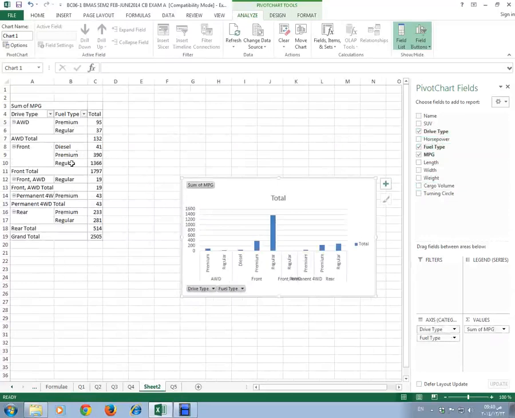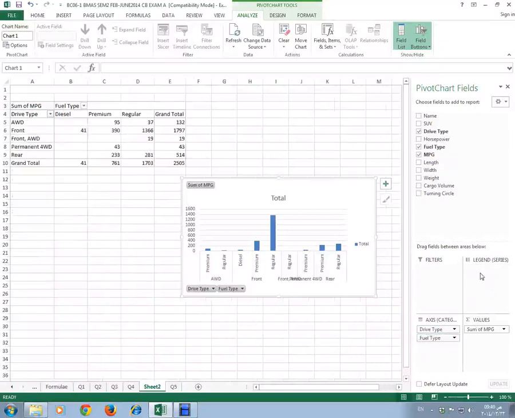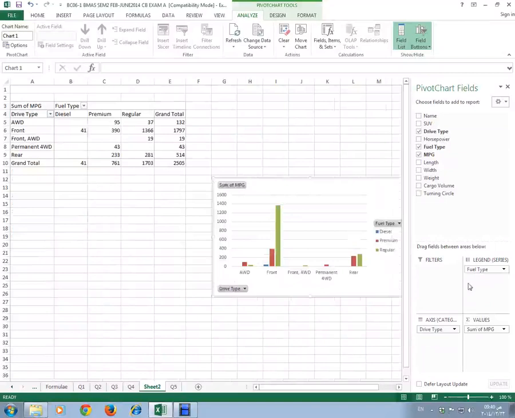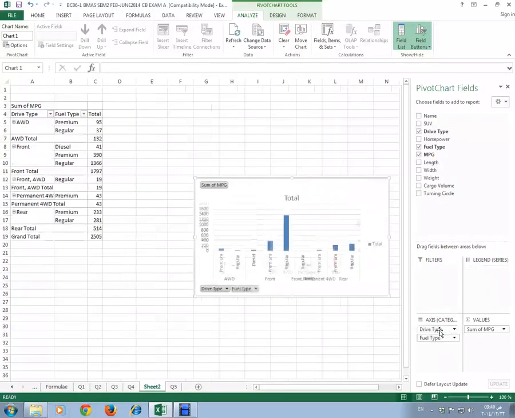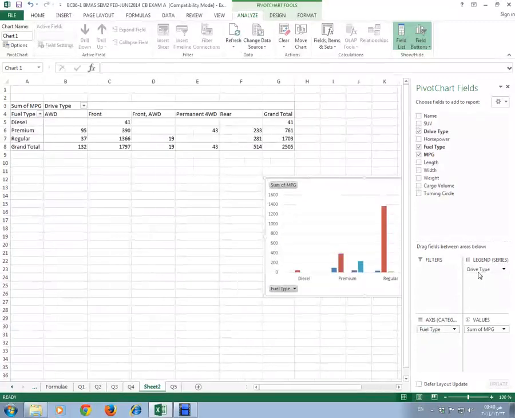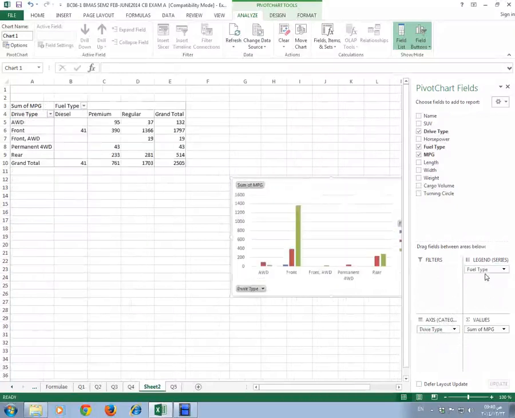But here we want to put this one in the column and one in the row, because the question is to make a cross tabulation. So I want to make this one like this, and it is up to you. If you put it like this, it is right. If you change this one and put the drive up, it is right. We are not going to say this is wrong.